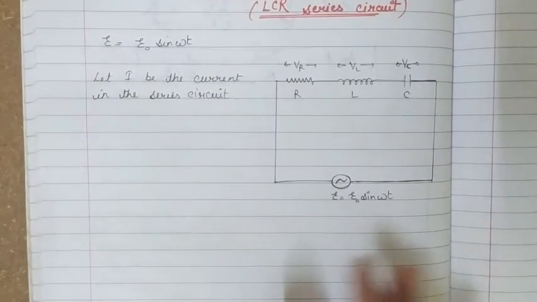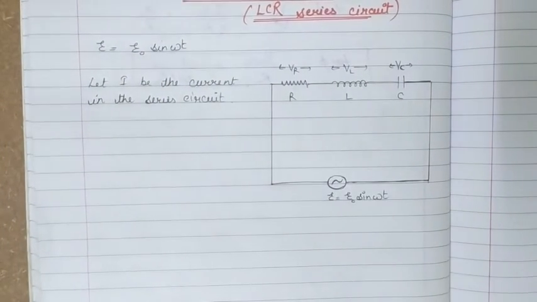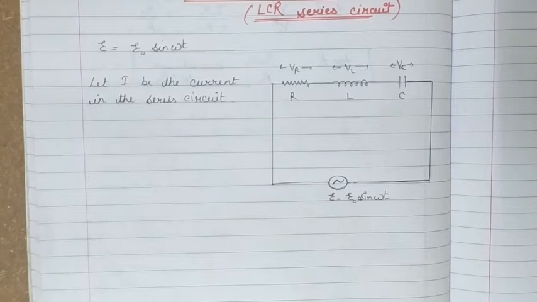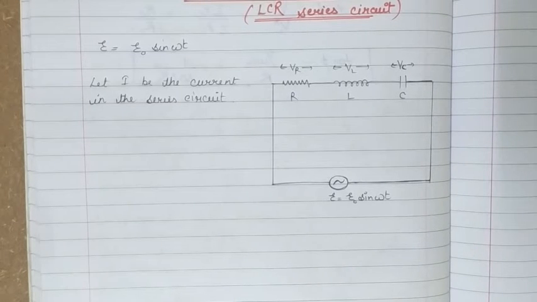Then we have three circuit elements, so we have to check the phase relationship between their voltages and current separately.